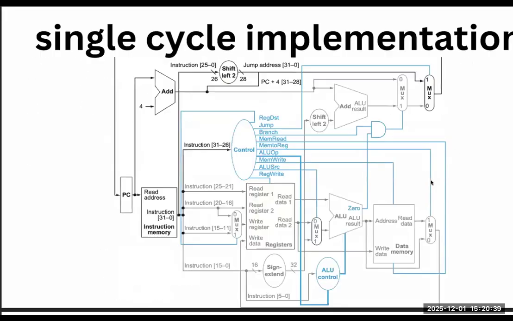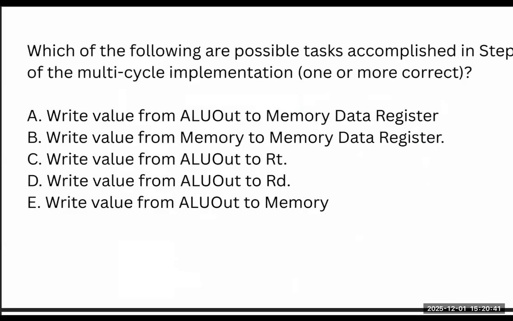We have one more question here. Which of the following are possible tasks accomplished in step 4 of the multi-cycle implementation? One or more correct. The answers are B and C, also D as well. Yeah, B, C, D. I'll go through why these are correct.